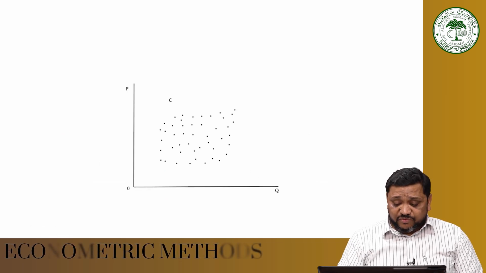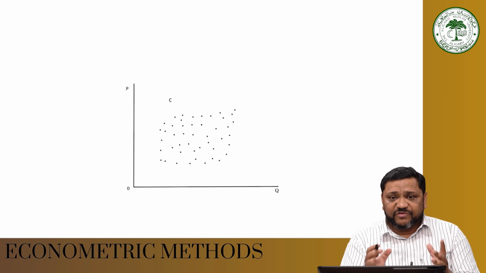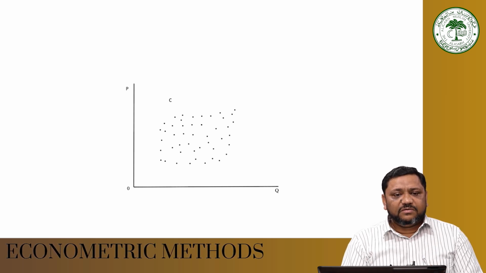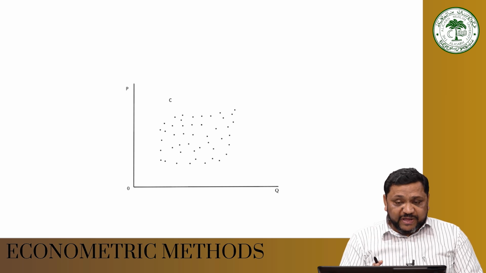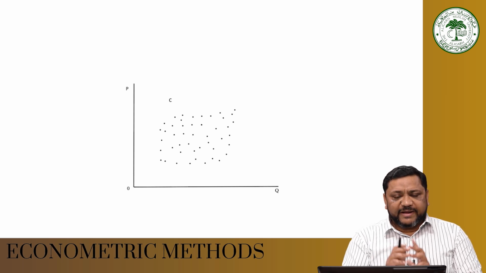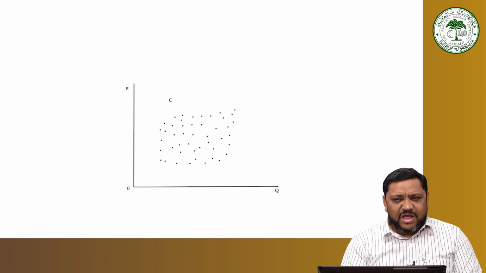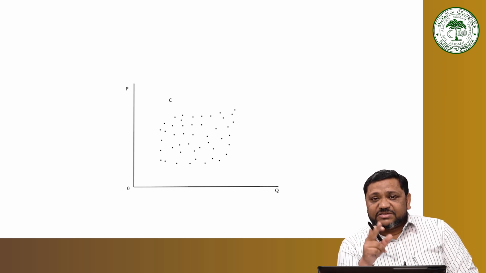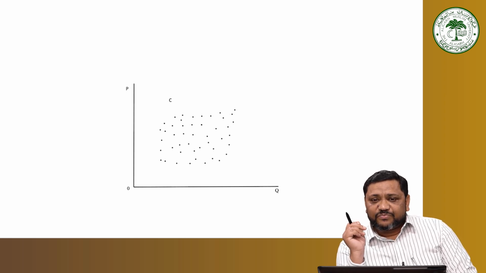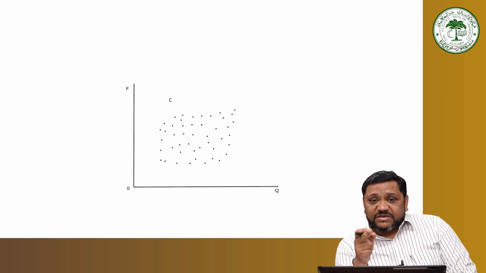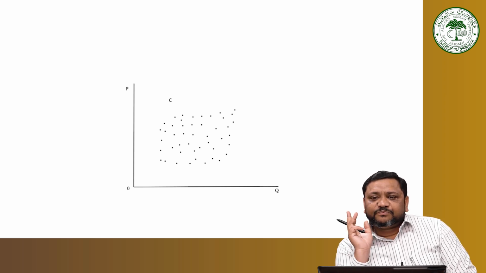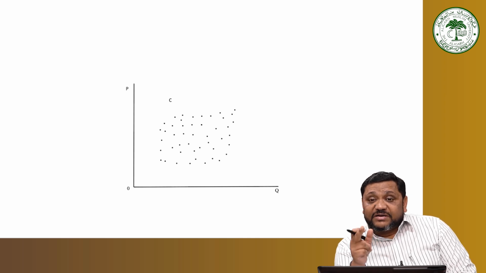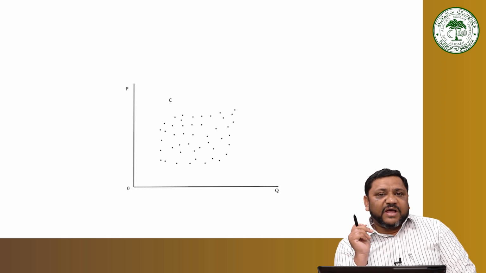Now, here we have the equilibrium of demand and supply. To obtain the estimates, we use data, and the data is such that quantity demanded is equal to quantity supplied. Market price is the equilibrium price. So, we cannot say whether it is the demand price or the supply price.